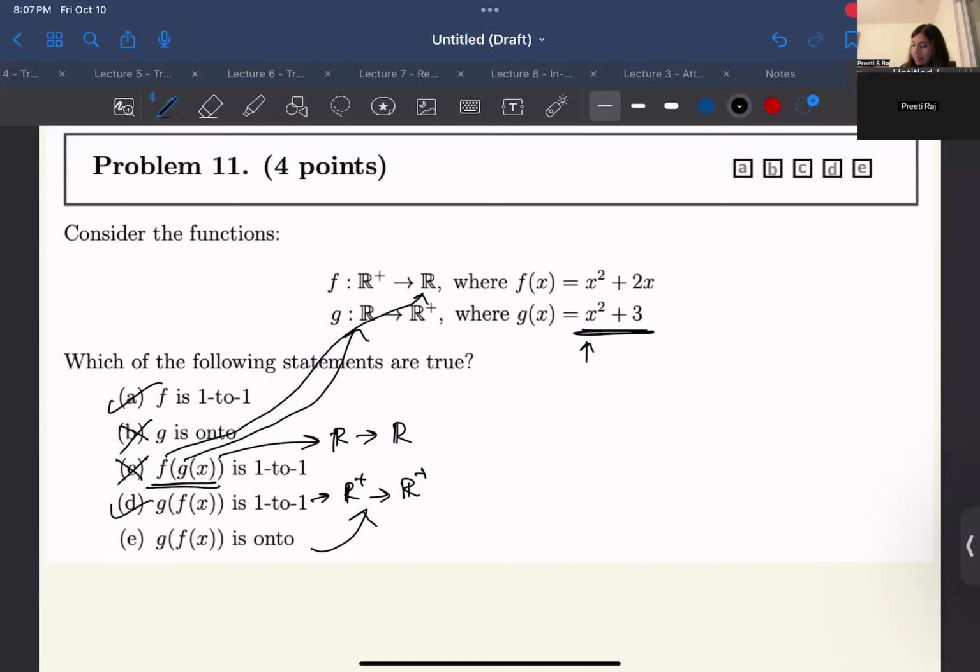Suppose my x value is 0.5, x squared plus 2x is going to give me something that, I don't even want to compute that honestly. But basically, because this goes from R plus to R plus, any number that's between 0 and 3 in the codomain is never going to get mapped to.